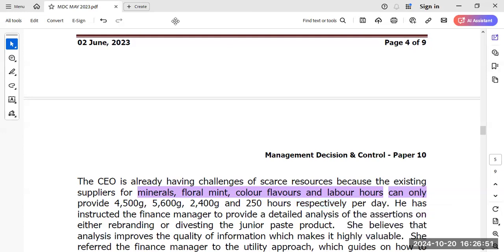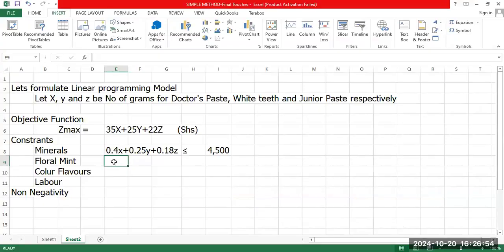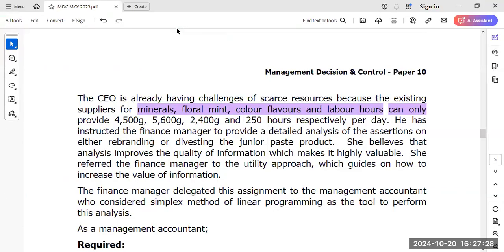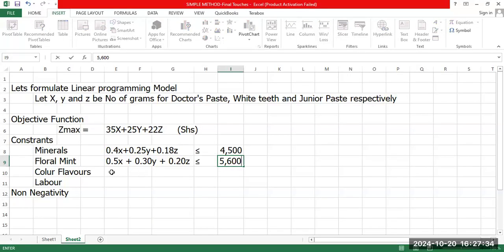Next, we go to ferment. 0.5x plus 0.3y plus 0.2z, less or equal to 5,600.